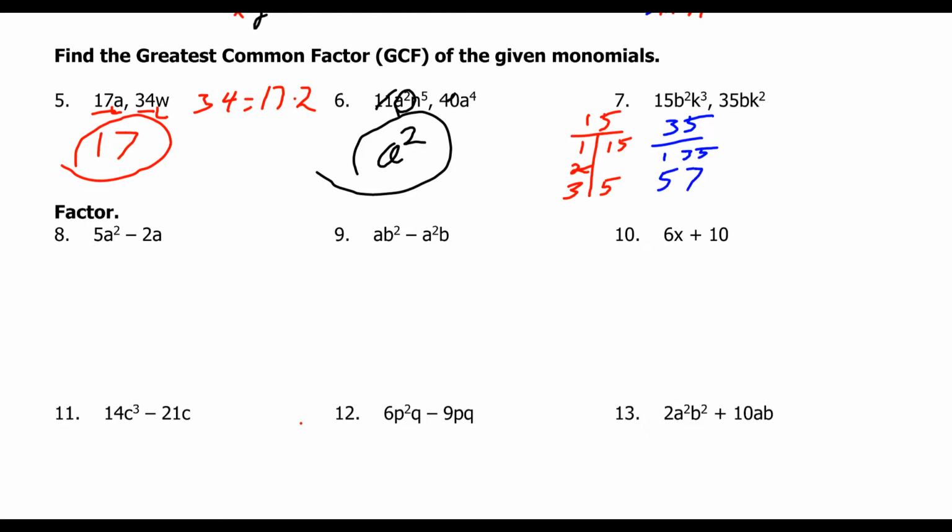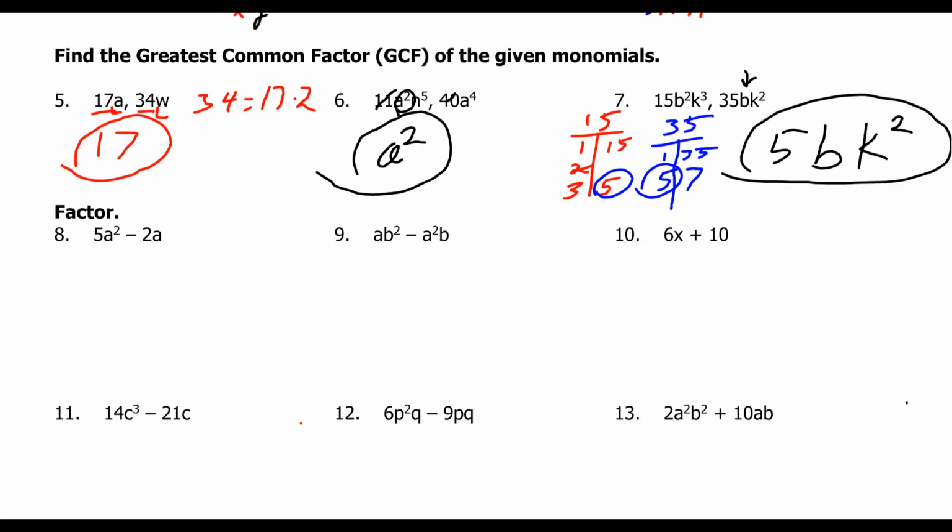And then that's it. So if we think about it, 5 is the biggest number that will go into both of those numbers, right? So the greatest common factor will have something to do with 5. Now, right here, b is the smallest exponent, and then k squared is the smallest exponent for the k's. And that is our answer right there.